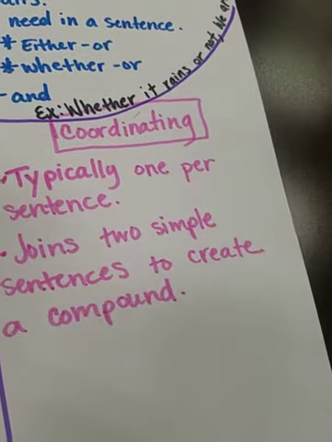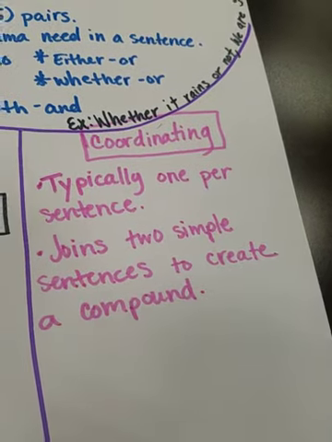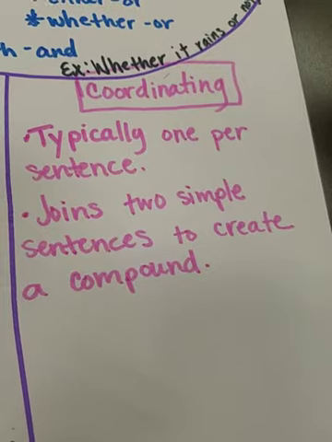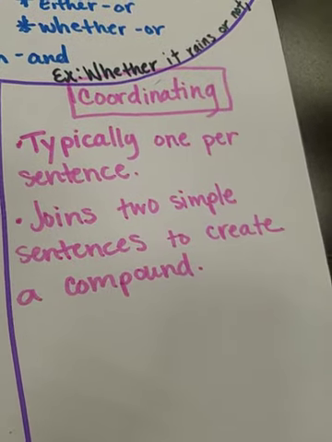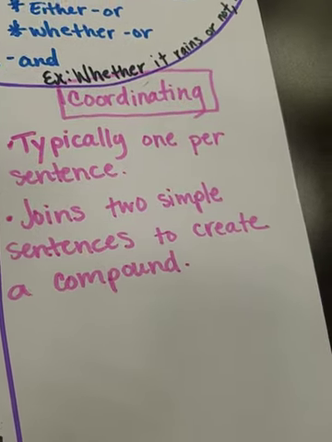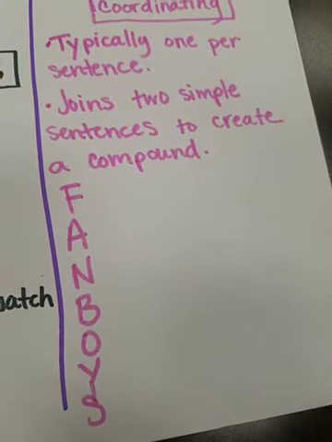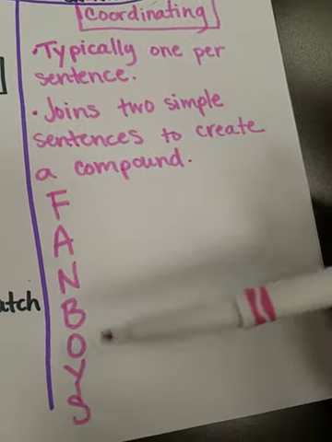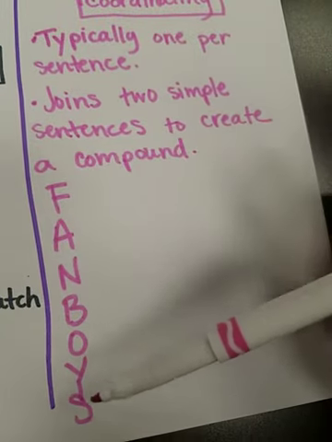For the coordinating conjunction, there's typically one per sentence, and it joins two simple sentences to create a compound sentence. An acronym that's used for the most common coordinating conjunctions is FANBOYS.